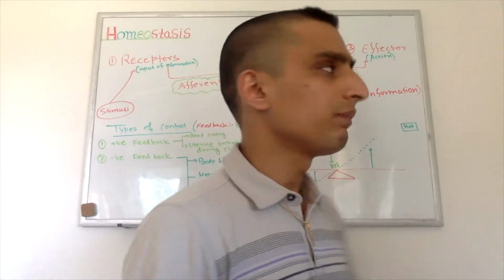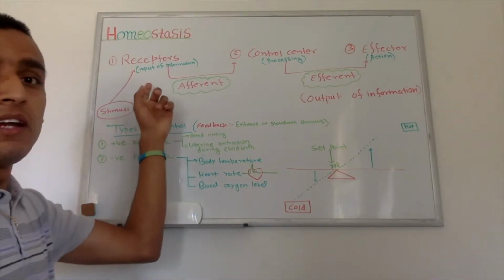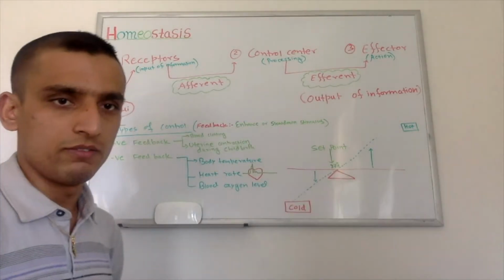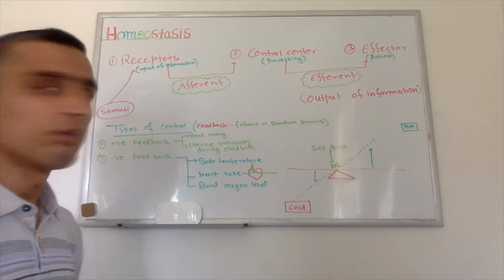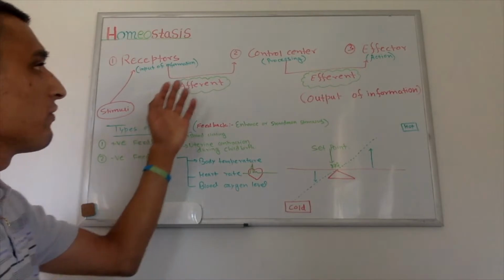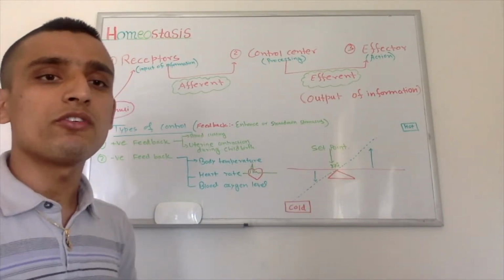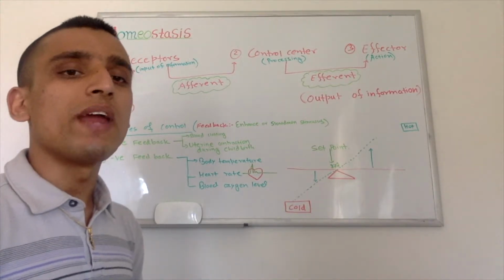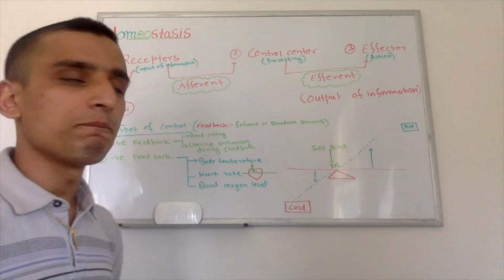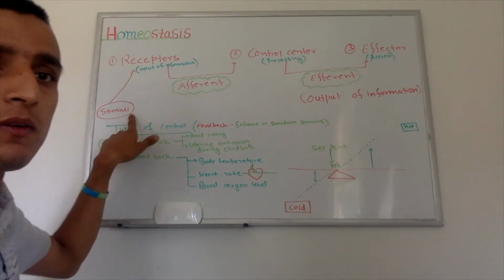As I told you, homeostatic balance takes place through positive or negative feedback control systems. But here, what I want to show you is how the information is processed, how it travels from one part to another, and how your body reacts to the stimuli. Receptors get the information from stimuli.